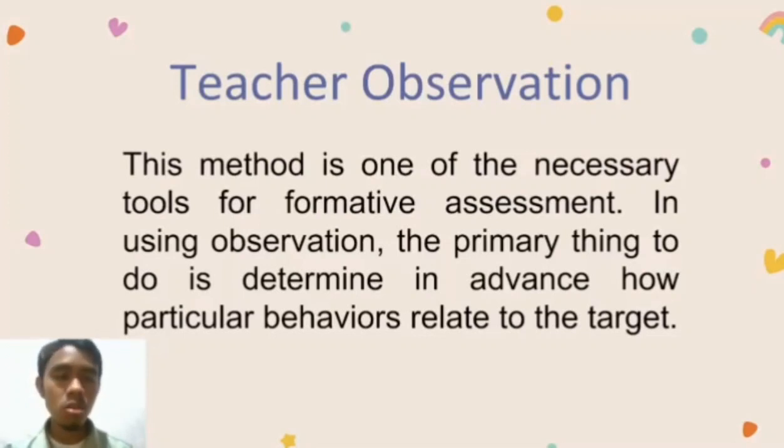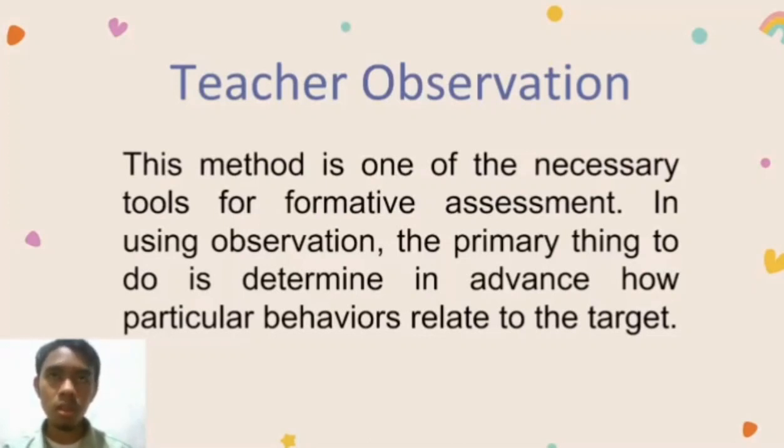So that is one example of teacher observation. Or it can be that the teacher determines what behaviors the students manifest. So it's not necessarily always negative, but also the positive sides, or maybe those complex sides.